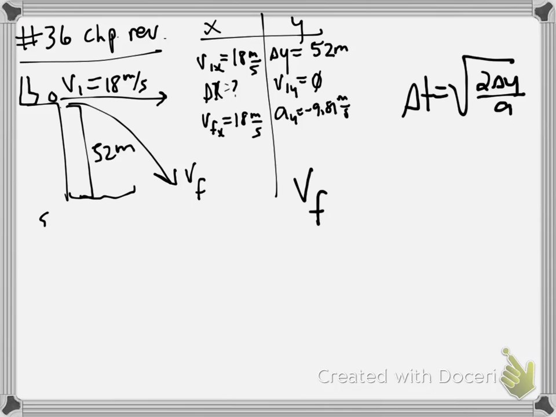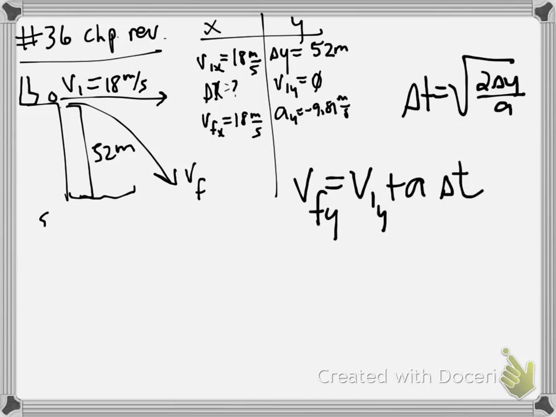So, we need to find VF in some way that doesn't involve delta x, because we don't have delta x. So, VF equals VI plus A delta T. So could we do VFY equals VIY plus A delta T? By golly, we could.